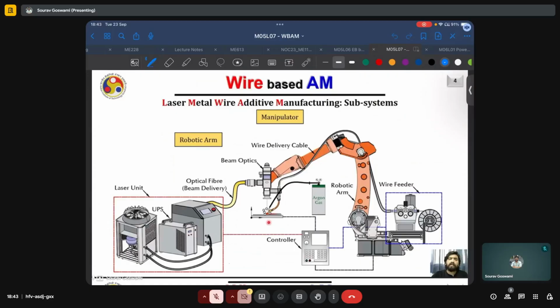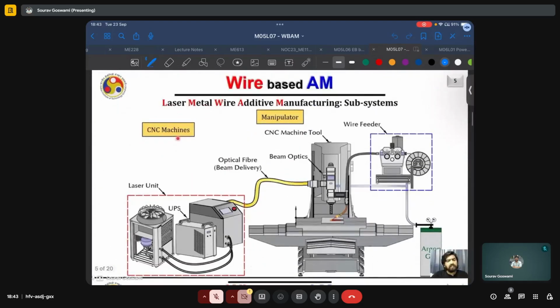A controller is used to control and connect the laser unit with the deposition head and the robot. A dedicated wire feeder is used to control the flow of wire feedstock through pinch rollers, and argon gas is used to provide a protective atmosphere to prevent the influx of atmospheric gases such as oxygen into the molten pool.